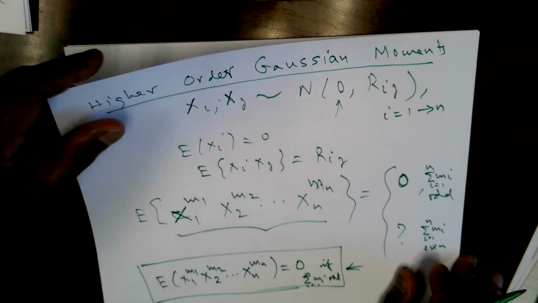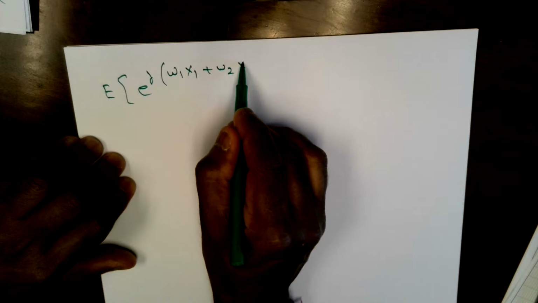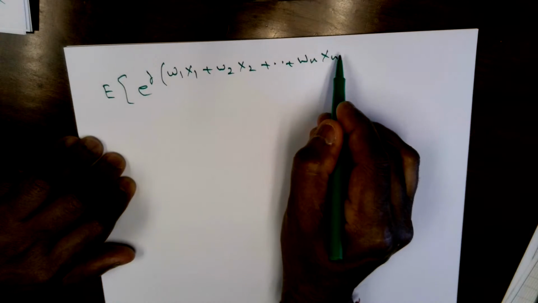So we start with the characteristic function of these random variables. So e raised to j times omega 1 x1 plus omega 2 x2 plus etc. plus omega n xn.